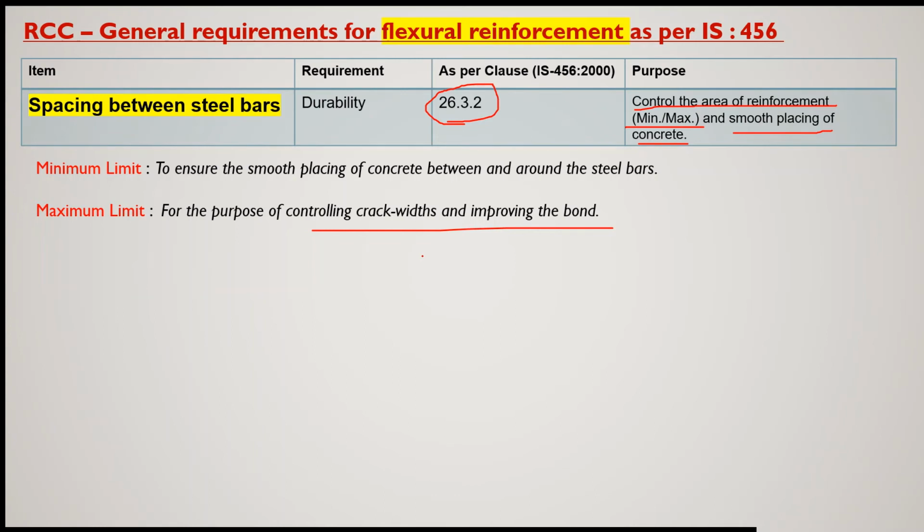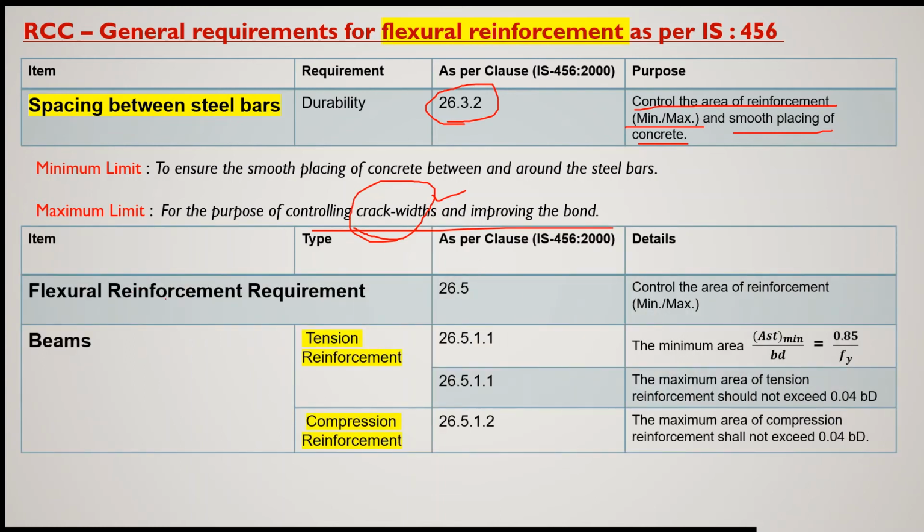So to restrict crack width, because we are very much aware that concrete is never a crack-free material. There are always micro cracks, macro cracks, but depending upon the crack width, you will decide whether those cracks are acceptable or not. Because some of the cracks are structural cracks, some are only surface cracks.